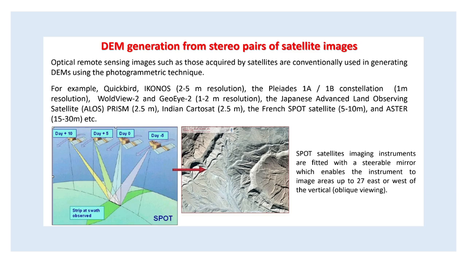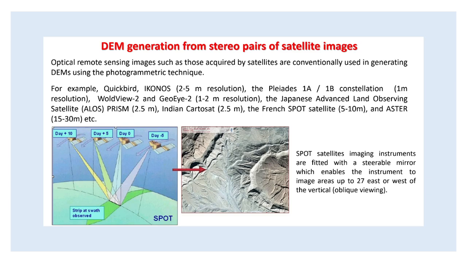What stereo pairs means is that the satellite takes a pair of images of the same location from slightly different angles. When the angles are different, you can understand where some elevation or depression might be.